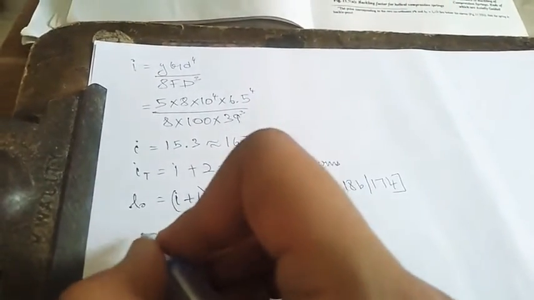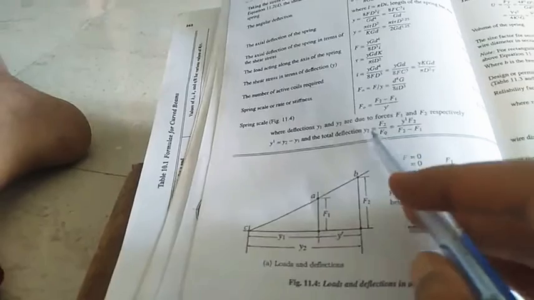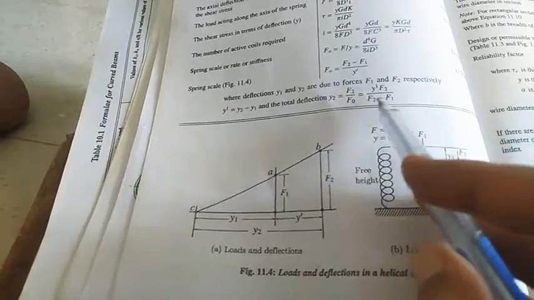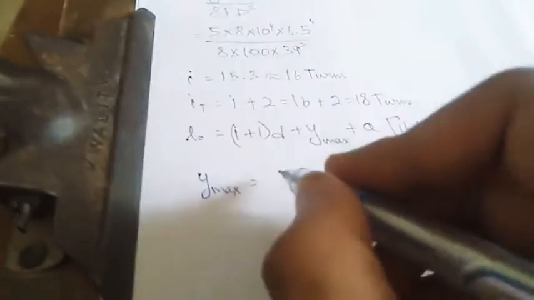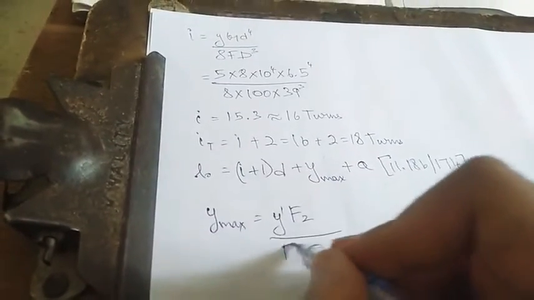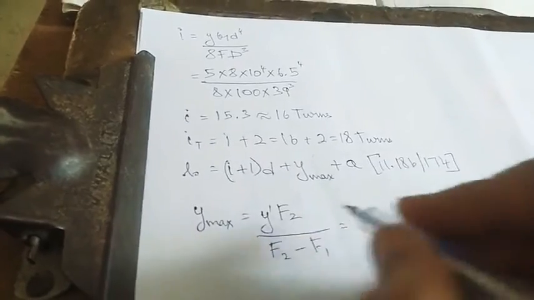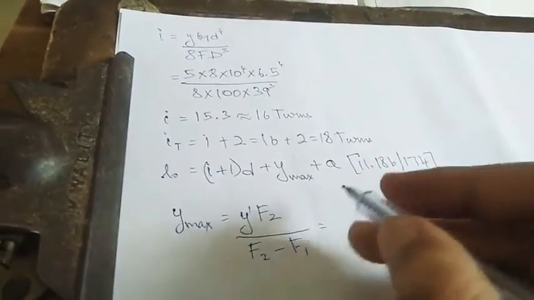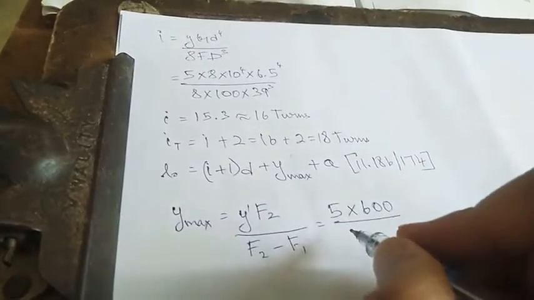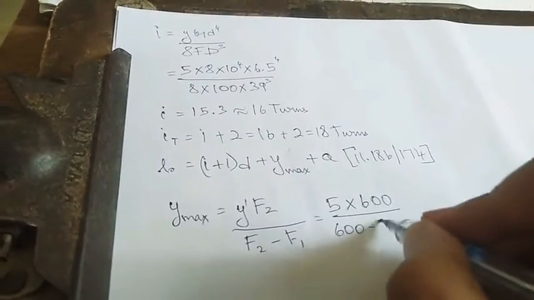Before doing this we have to find the value of y. So y max is given here as the deflection y max or y2. So y2 and y max are the same, so that is equal to y dash into F2 by F2 minus F1. In our case y dash is 5 mm and F2 is 600, and 600 minus 500.